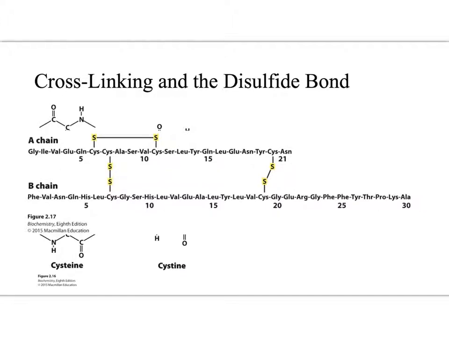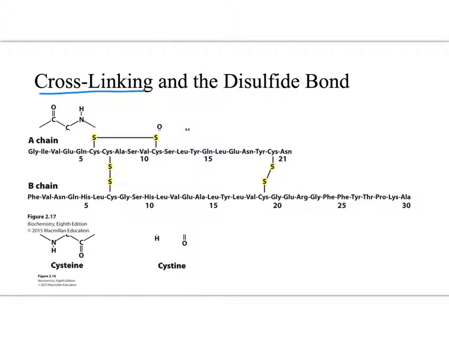Now, within these structures, because of those side groups that are present, we can end up with something called cross-linking. This will occur in some cases. The most common cross-link observed in proteins is the disulfide bond.